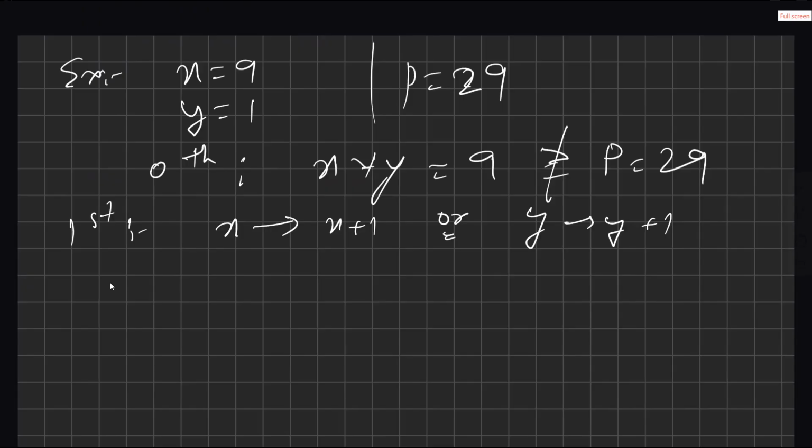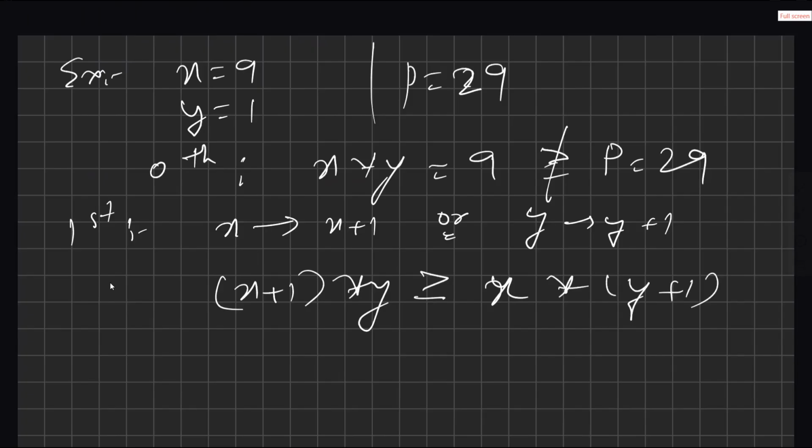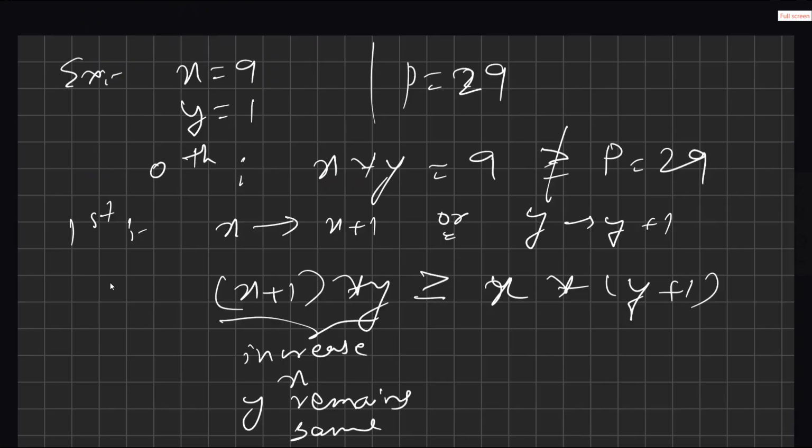Greedily, what we are going to do is check if the product of x plus 1 into y is greater than or equal to the product of x into y plus 1. Basically, I'm increasing x here and y remains the same, and we are checking by increasing y and x remains the same.